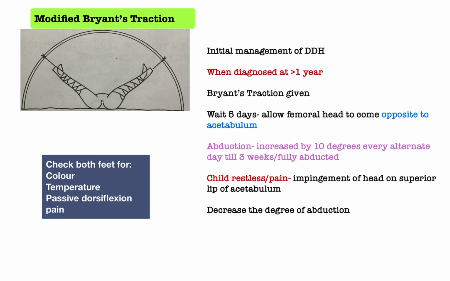Modified Bryant's traction. Modified Bryant's traction is used in the initial management of those cases of developmental dysplasia of hip who present after 1 year of age. In modified Bryant's traction, initially we apply the Bryant's traction as we discussed before, and then we wait for 5 to 6 days to allow the femoral head to come opposite to the acetabulum.